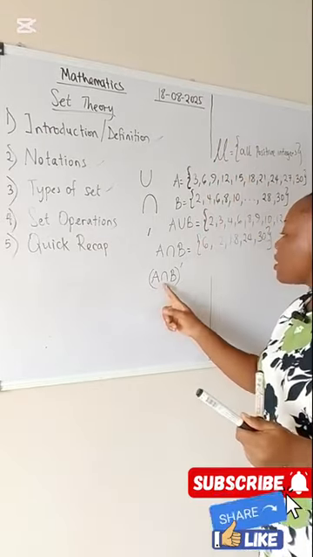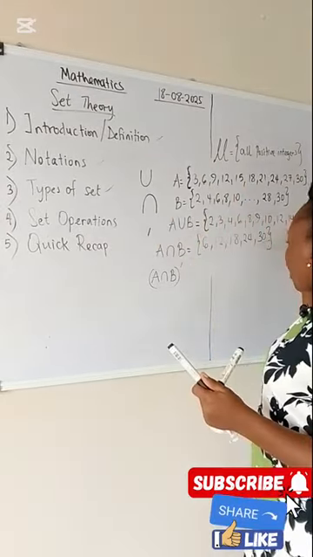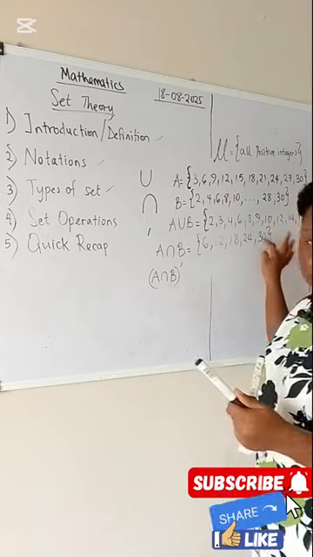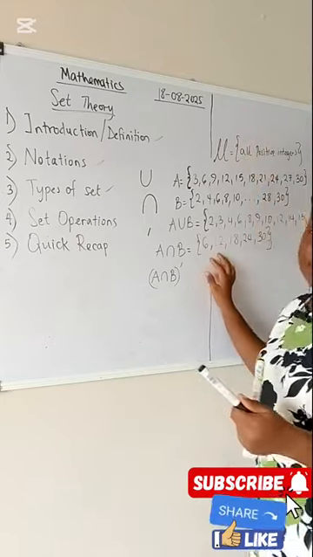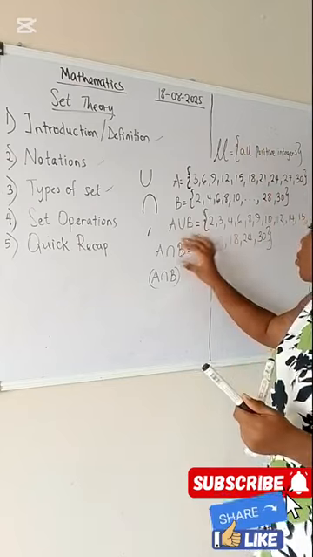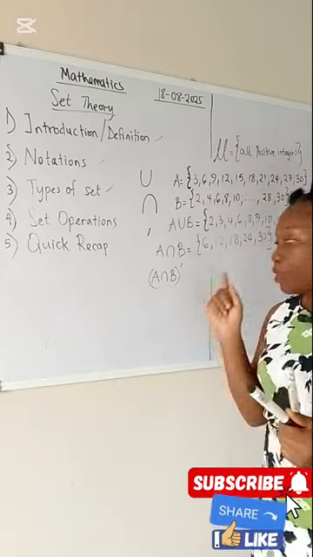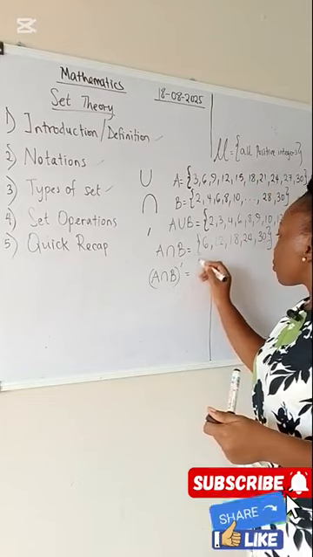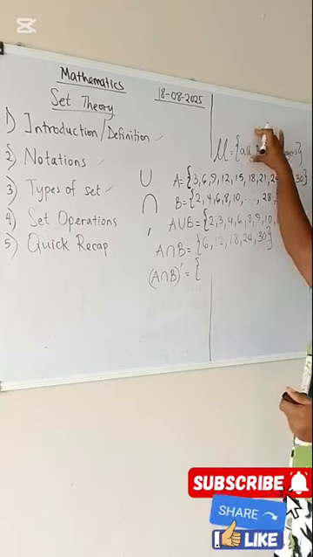Okay. So A intersection B prime means everything that's in the universal set that is not in this set. So you're going to take away the elements of this set from the universal set, and that will be your A intersection B prime. So we're going to have everything here subtracted from everything here.